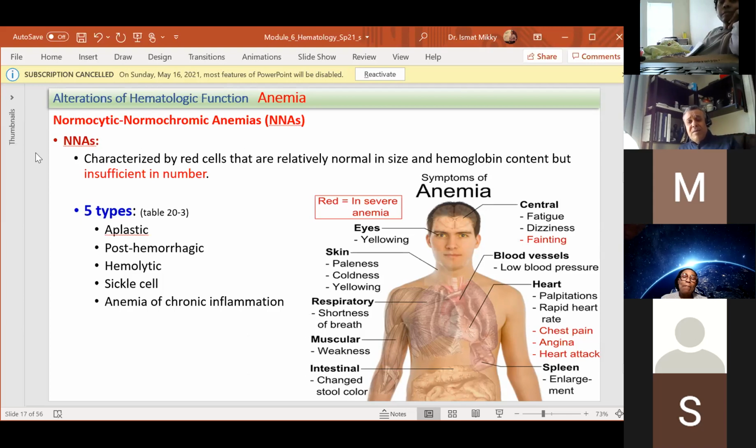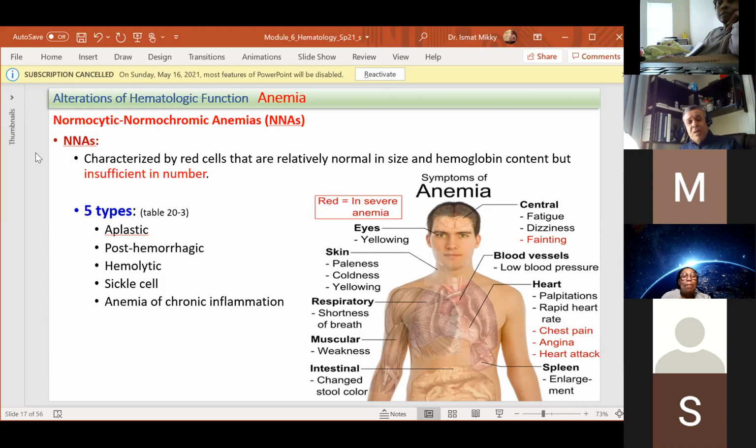So that's aplastic anemia. Post-hemorrhagic anemia is post-hemorrhage, bleeding, from the acute loss of vascular space, which is acute blood loss. Hemolytic anemias, we have a lot of examples that will go under the hemolytic anemia.